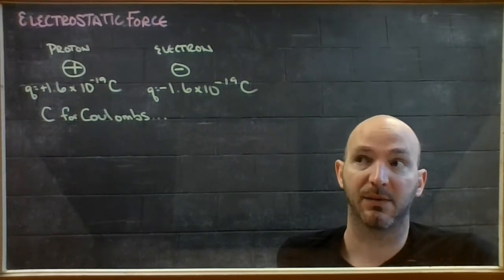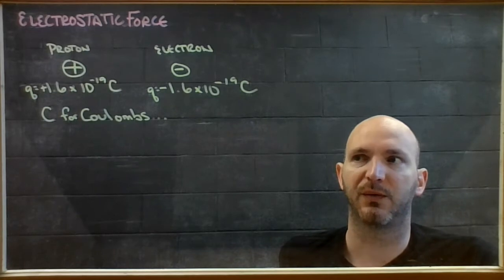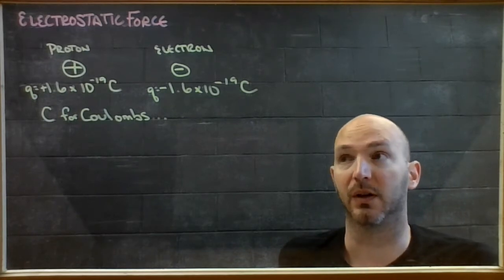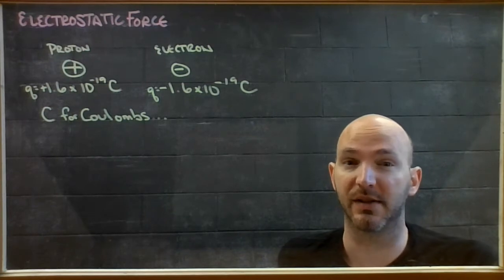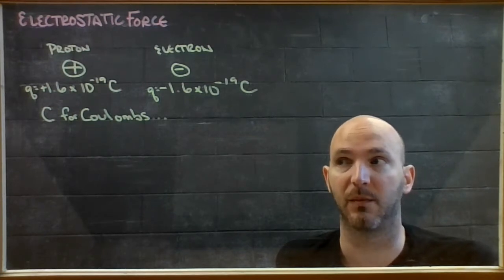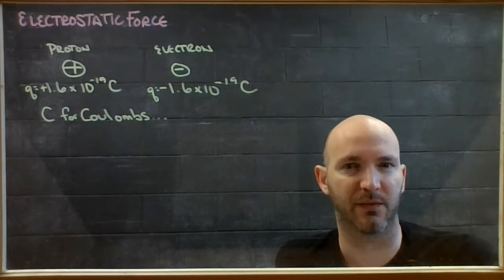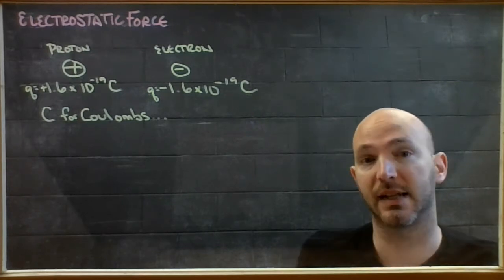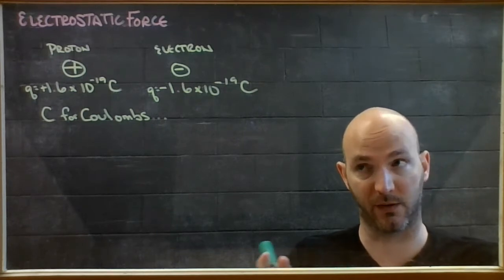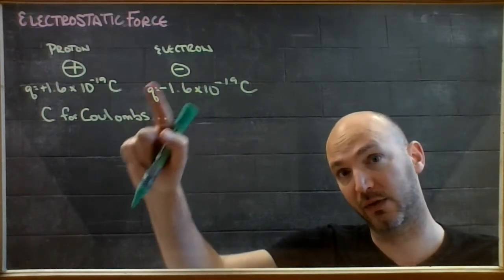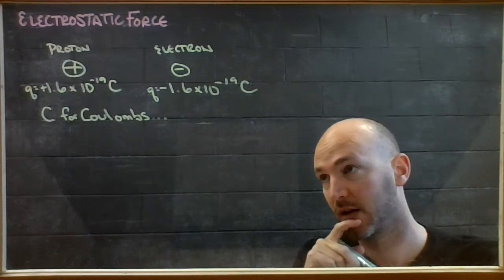So as we go through this, you're going to find that this is very familiar after having done the gravity unit, because the equations that we end up generating are very similar to those, and the only difference really is that instead of the mass being the thing that created forces, in gravity's case, in electrostatics it's the charge.